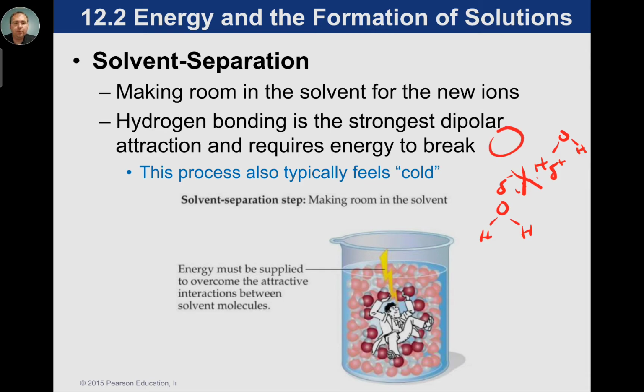Because those new chloride ions and sodium ions are now present in that forming solution, and the water has to move out of the way, basically, to make room for these new ions. So water has to no longer bond with itself, but now starts forming attractions with those new ions. And because water has to break apart from itself, it's going to again feel colder in this now second step of forming a solution.